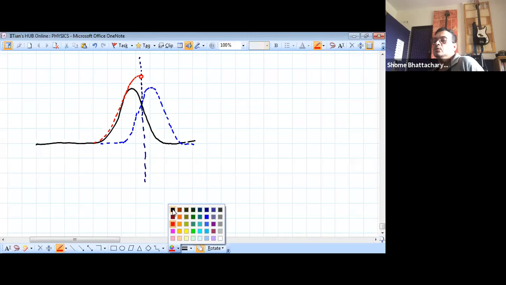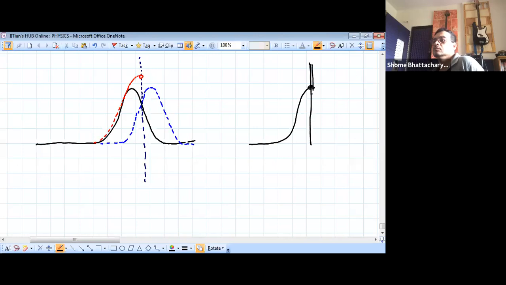So at this point of time, the shape of the string has changed to this. So this delta y has become greater than that amplitude.